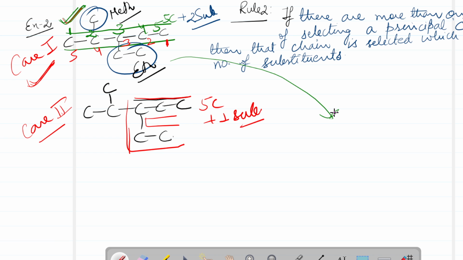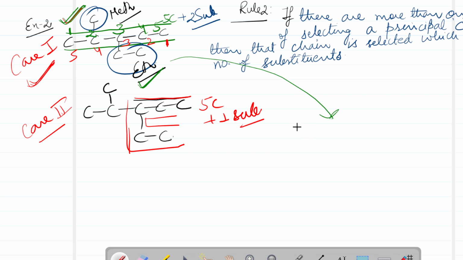So for the name of the compound, first I would be writing the substituents, right. One is meth, another one is eth. Now, in a dictionary which would come first, ethyl or methyl? If you open a dictionary, you would be searching words, one starting with E and another starting with M. So we would write first that letter which comes first in the dictionary, right.